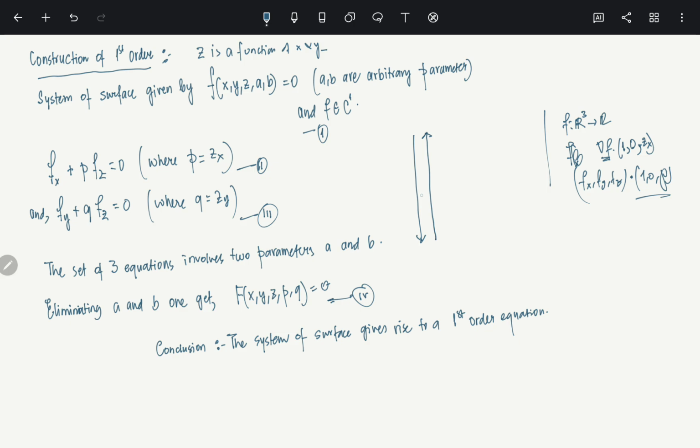This particular form, 1, is called the complete solution, or sometimes the complete integral, of 4.